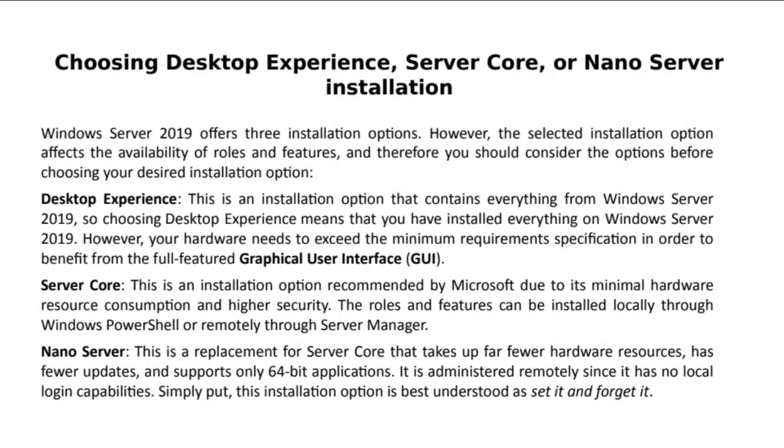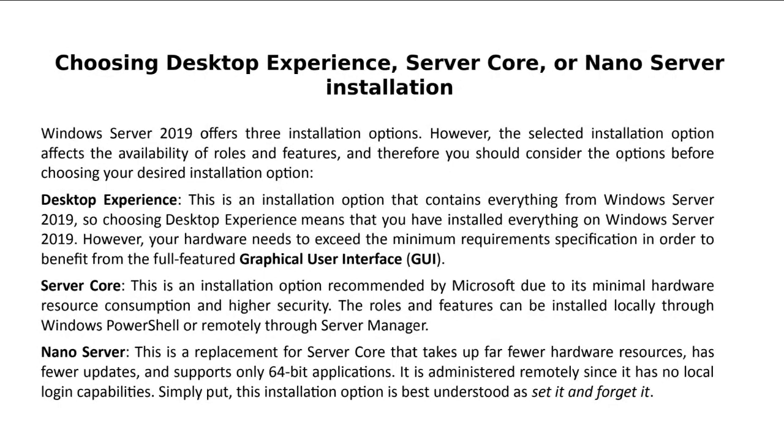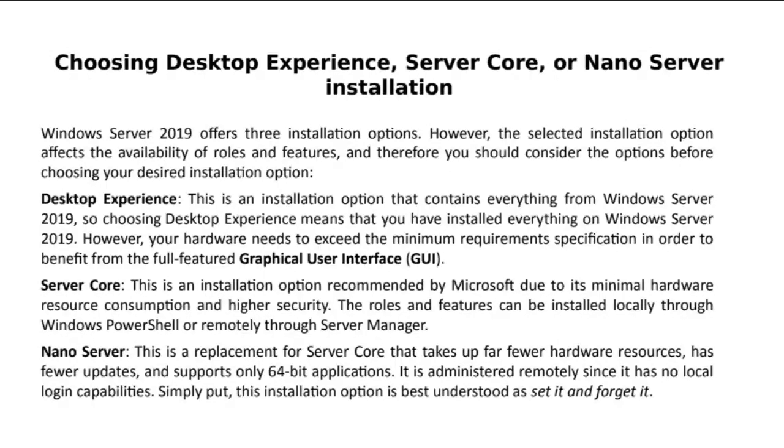We have a new option in Windows 2019. It was not there in 2012. It's called Nano Server. Nano Server is a replacement for Server Core, but it needs minimal hardware and resources here.